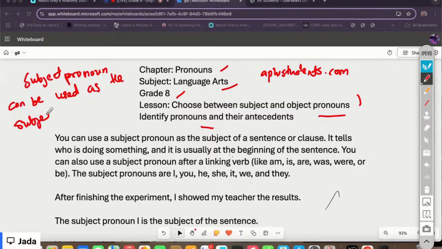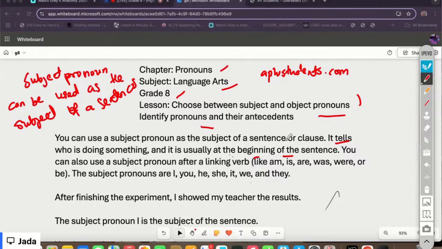It tells what the subject is doing, or who is doing something in the sentence, and it is usually at the beginning of the sentence. It's not at the ending or anything. So it's usually starting the sentence.